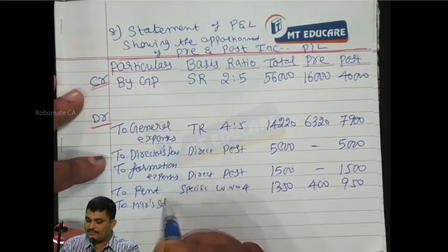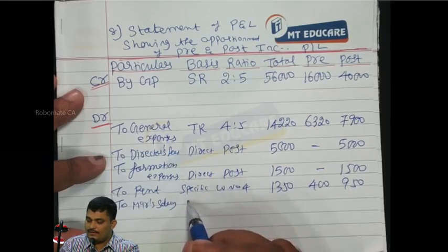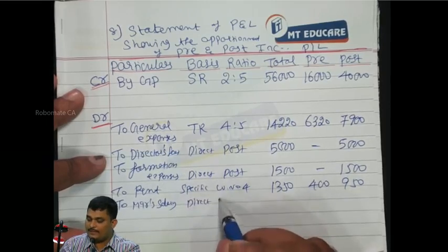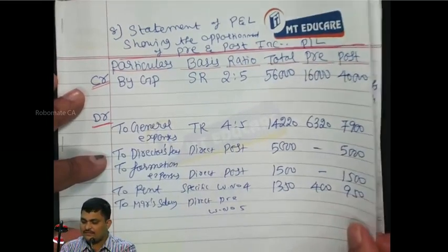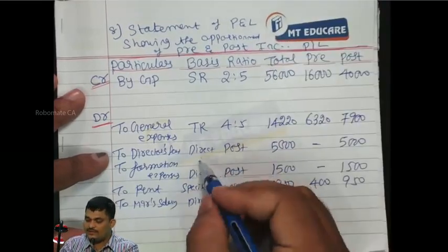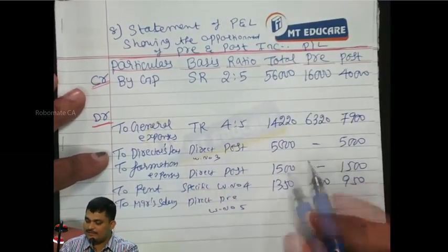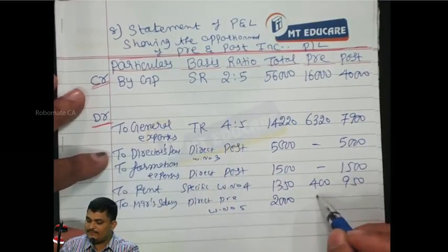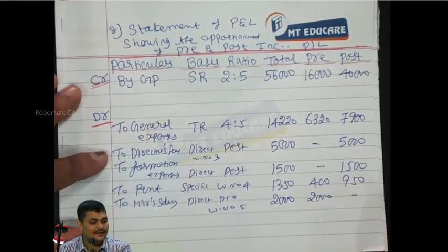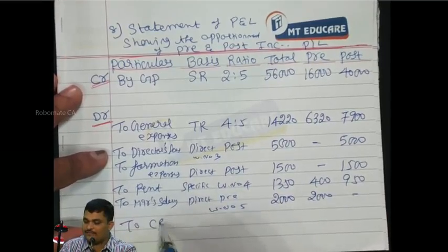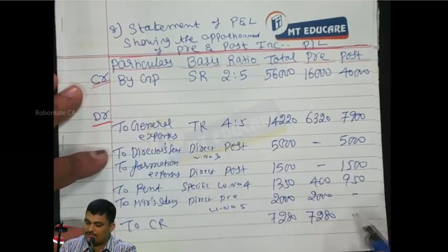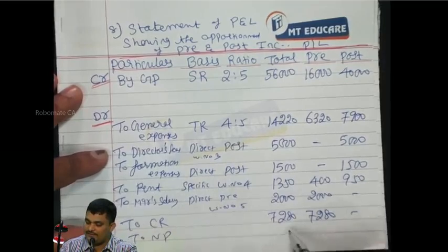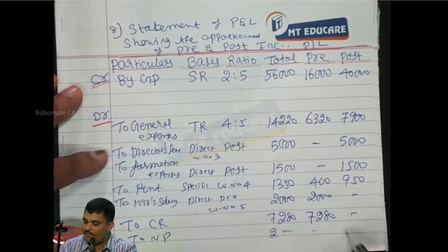Manager salary, direct, pre. Working note number 5. What was 3 then? Working note number 3 was director's fees. Okay, 2,000. That's all. So capital reserve to net profit, 2,450.